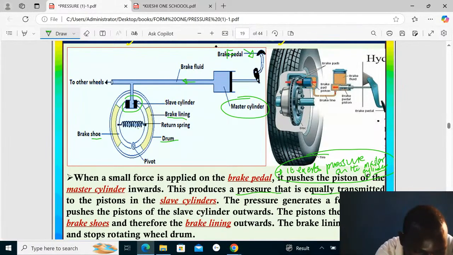So we are at this point now. This is our brake shoe.